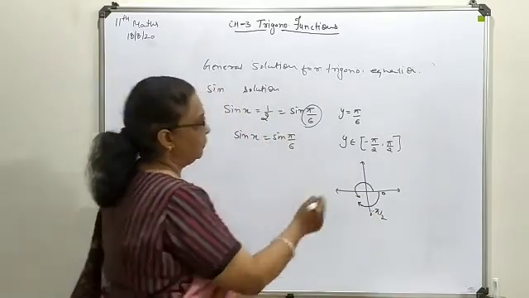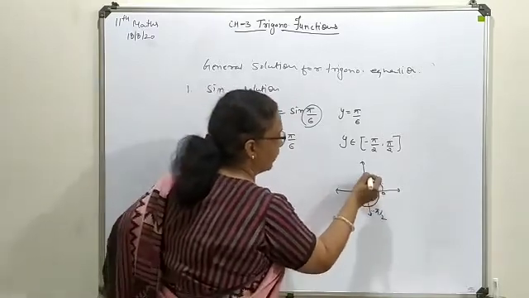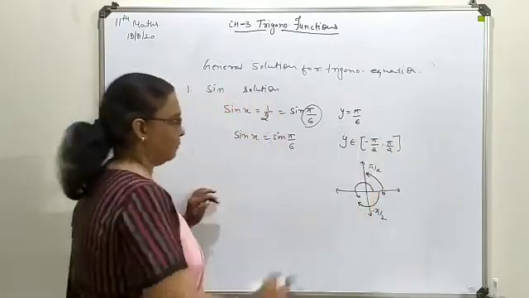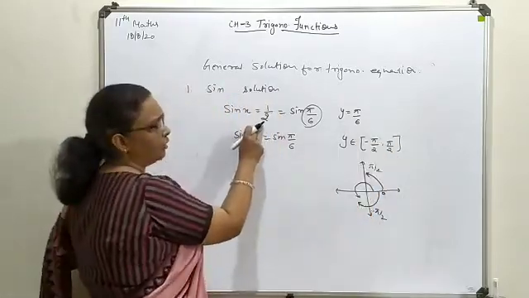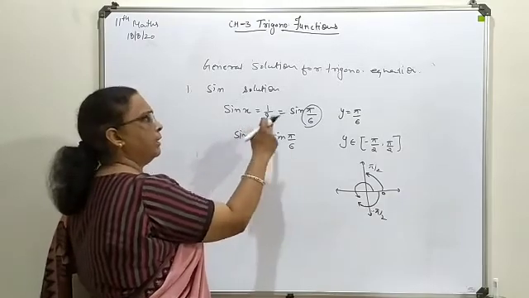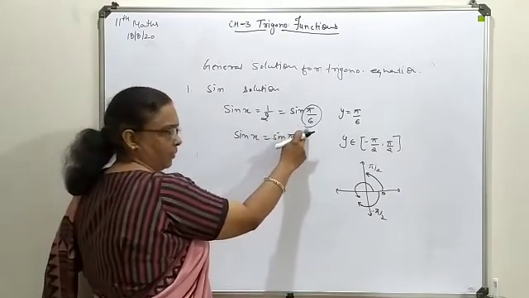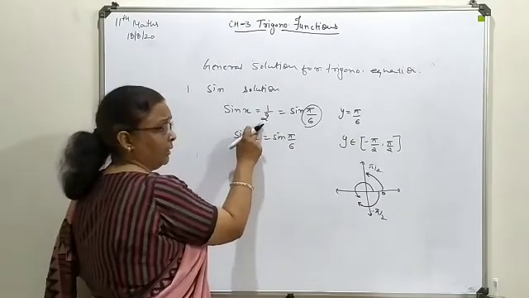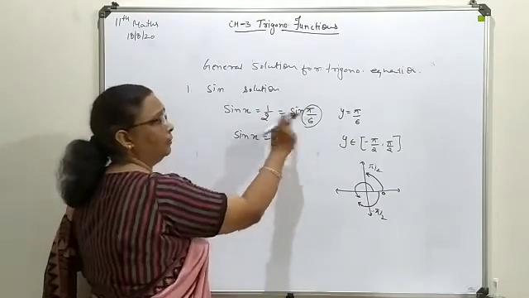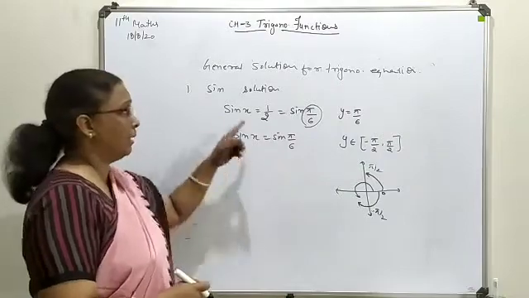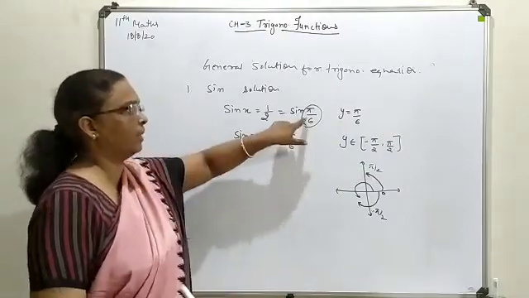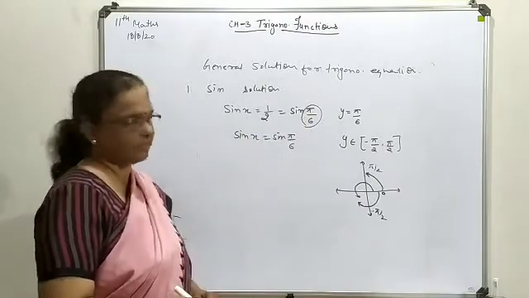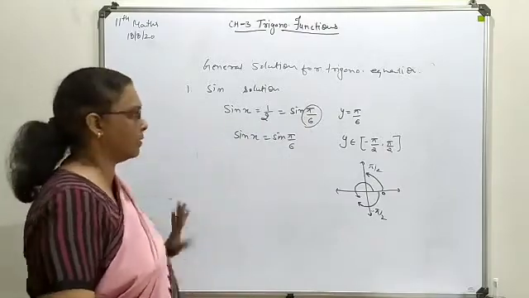So for sine, 0 to minus pi by 2, and from 0 to pi by 2 you will take this closed interval. It means when your term is available with a positive quantity, you will write the angle with the positive sign. When the same quantity is available with a negative sign, at that time you will represent this angle as a minus. Suppose minus half is written, so in place of plus pi by 6, you will write minus pi by 6. So that way the angles are to be selected.